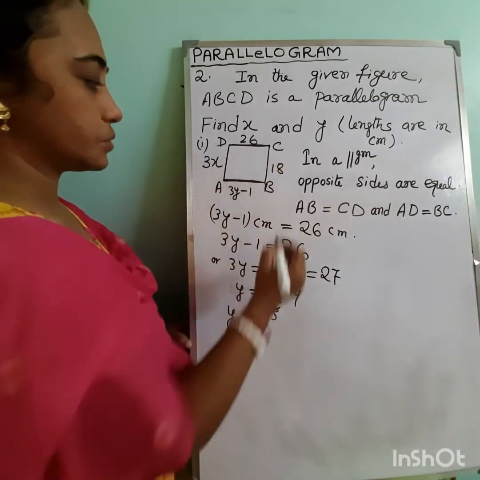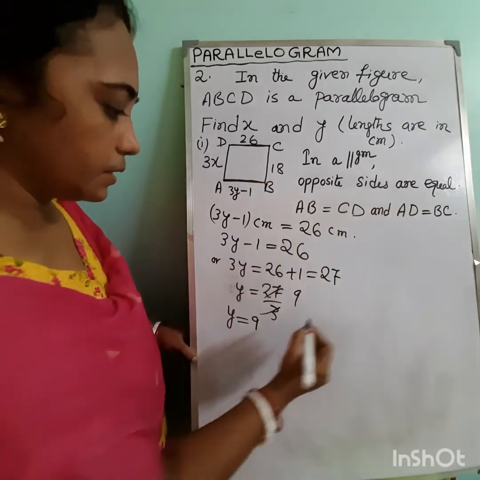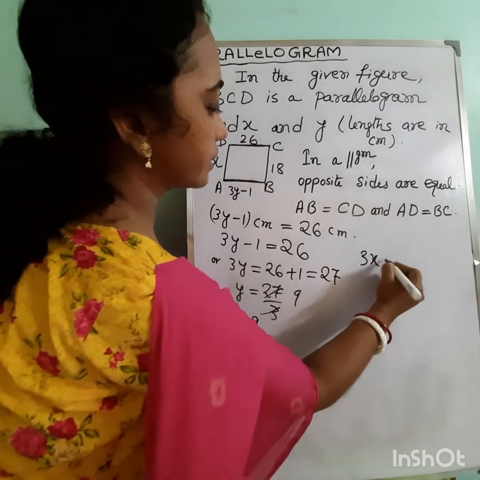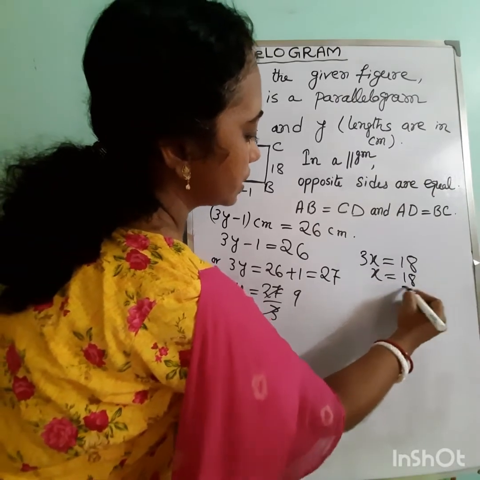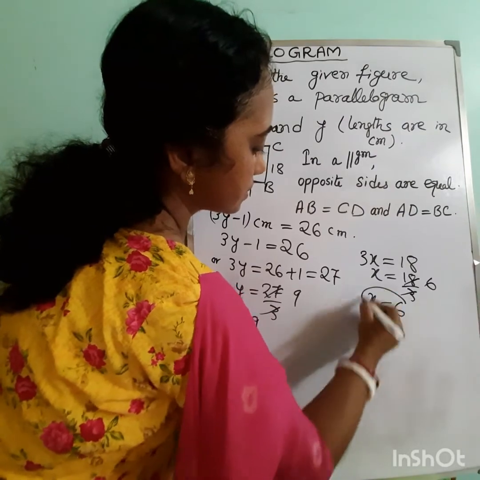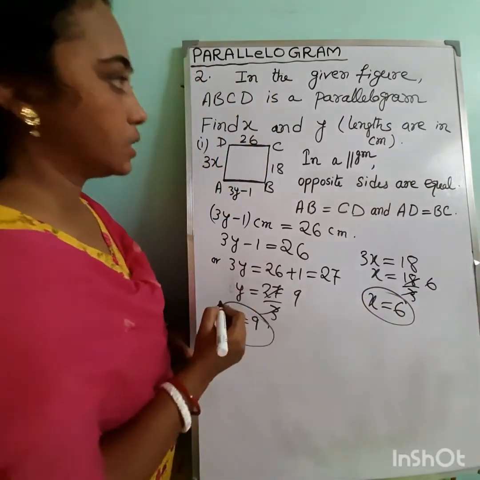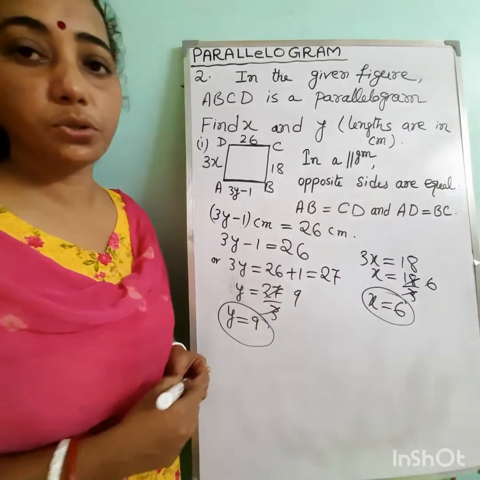Now also AD is equal to BC, so we can directly write 3x is equal to 18. That means x is equal to 18 by 3, which is 6. So the values are x is equal to 6 and y is equal to 9.